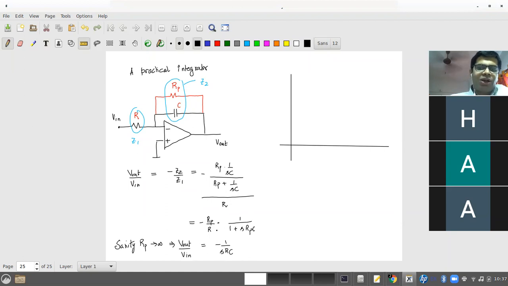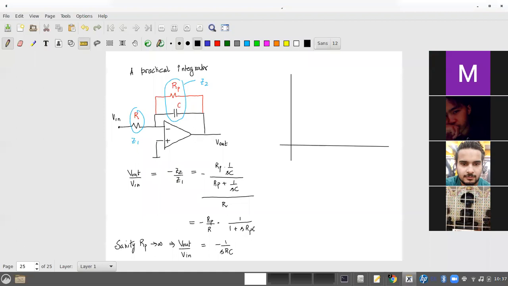What's the critical frequency I need to worry about? Sachin? Pole at 0. No, you're guessing. Don't guess. This is something we have already done, right? Pole is at 1 by RPC. Yes, 1 by RPC.